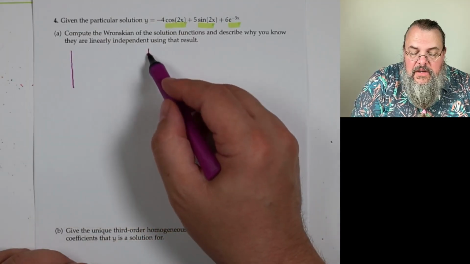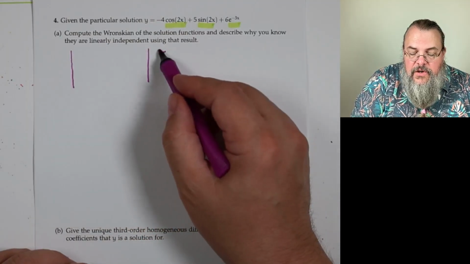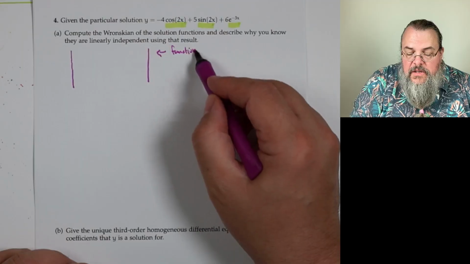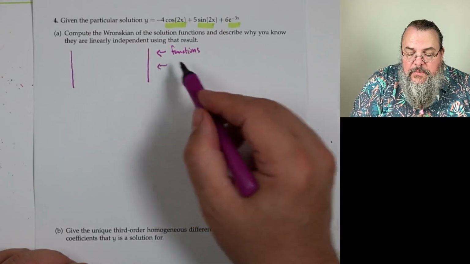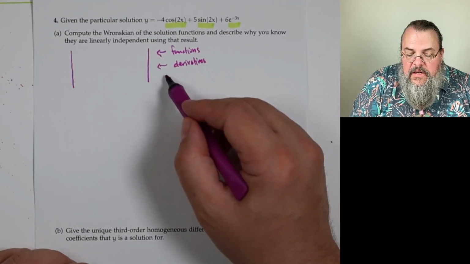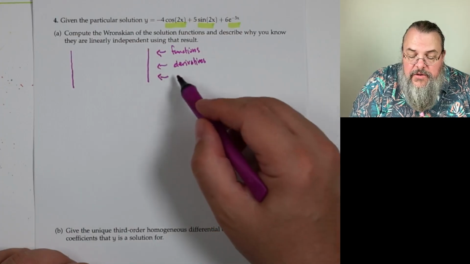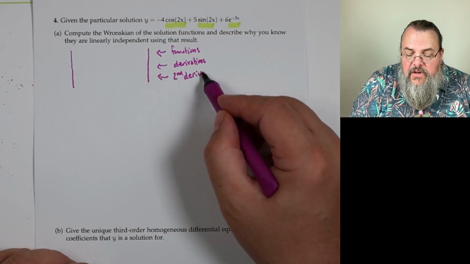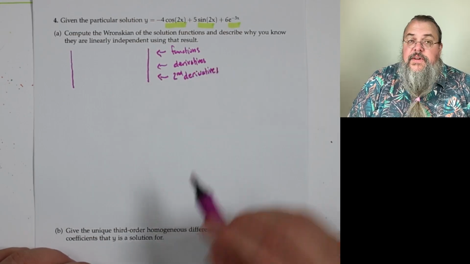And so in the first row, you're going to put your functions. And then in the second row, you're going to put your derivatives. And then in the third row, you're going to put your second derivatives, right? So in other words, you start with the functions and then you just keep taking derivatives.